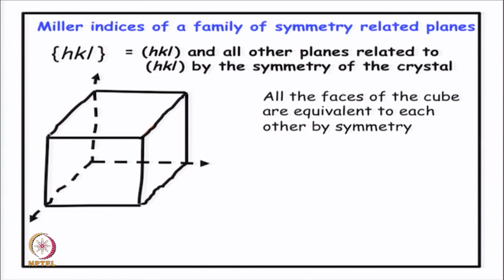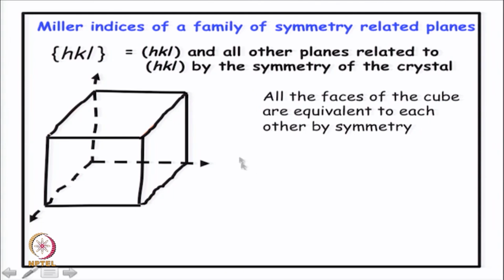Now, just like we saw that there are symmetry related directions, and it was of interest to represent them by one set of Miller indices, a similar convention or requirement is there for Miller indices of symmetry related planes.